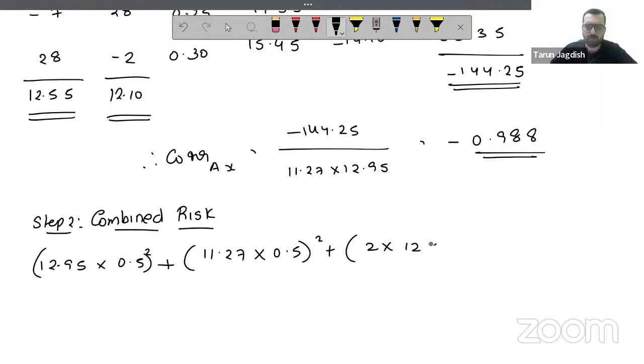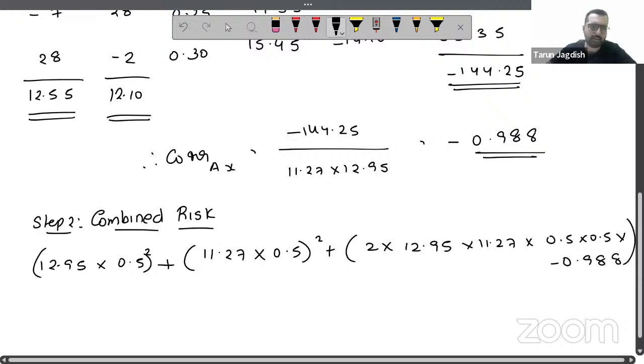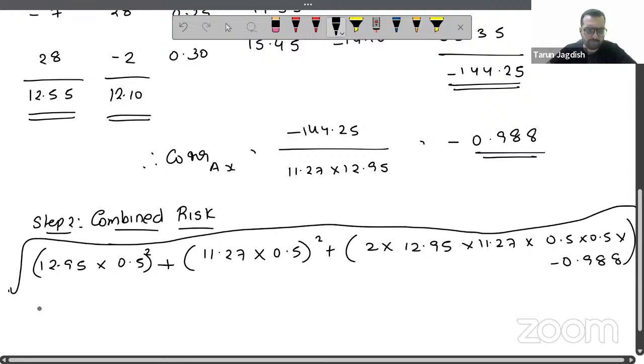Plus 2 into 12.95 into 11.27 into 0.5 into 0.5 into minus 0.988. The whole square root. Can somebody please work out and tell me what answer you get over here?